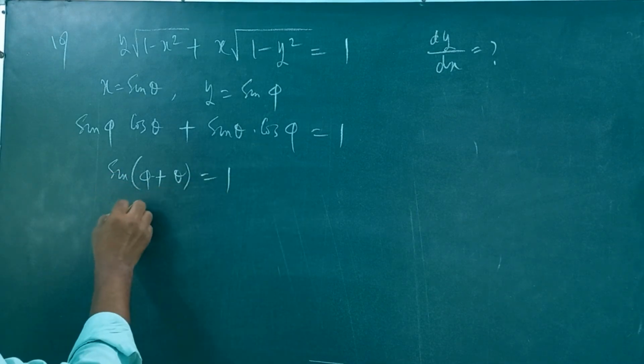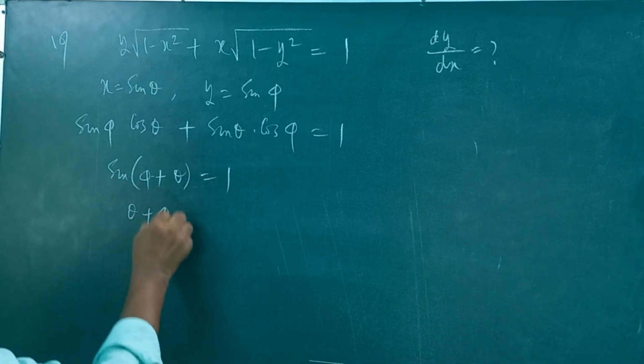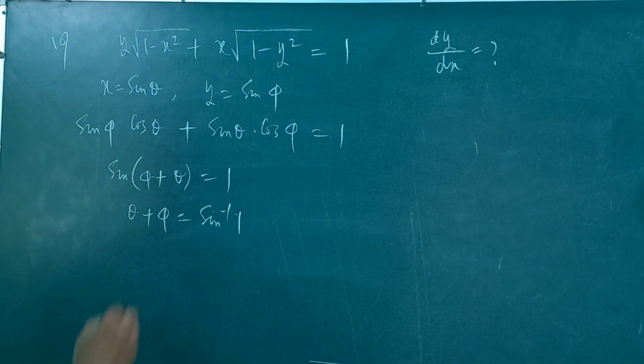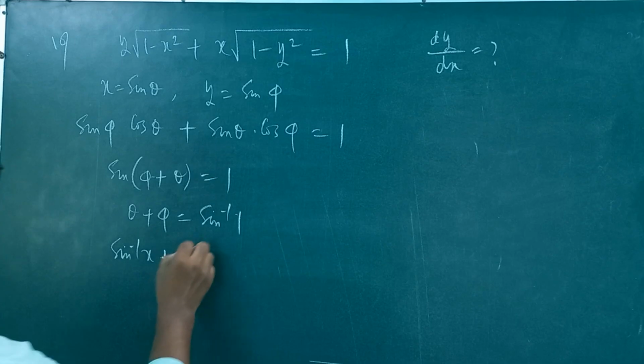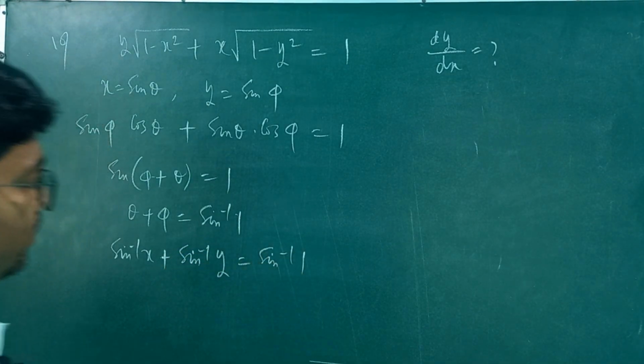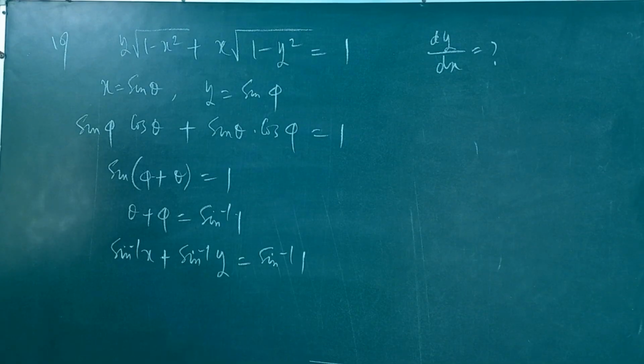Now shift this sin to the right side, theta plus phi equal to sin inverse of 1. So what is theta? Theta is sin inverse x, phi is sin inverse of y, equal to sin inverse of 1. Now you do your derivative.